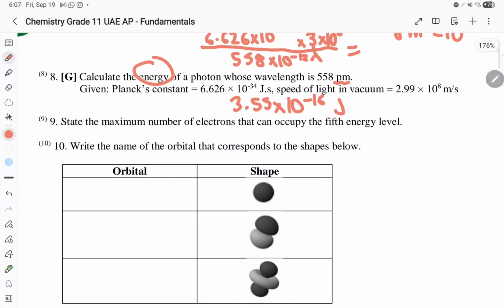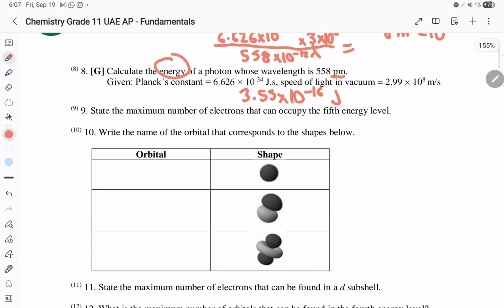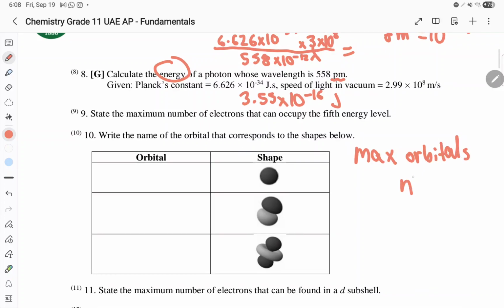Now, state the maximum number of electrons that can occupy the 5th energy level. When we're talking about electrons and energy levels, there's a formula. If you want the maximum number of orbitals in an energy level, it is n squared, where n is the energy level.